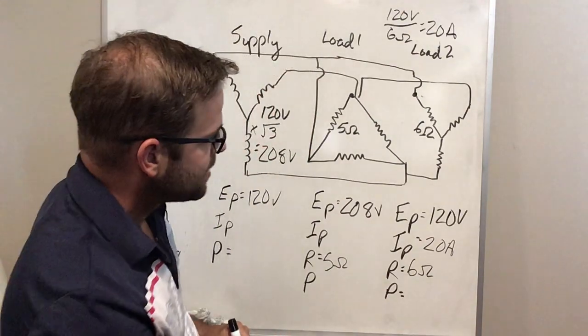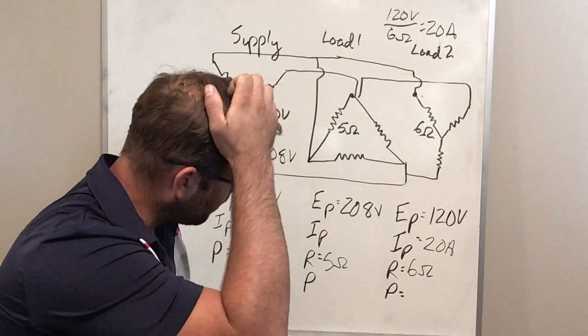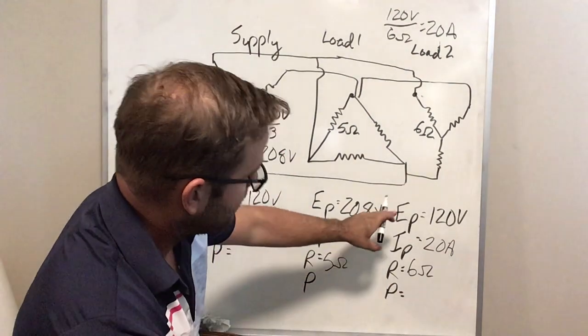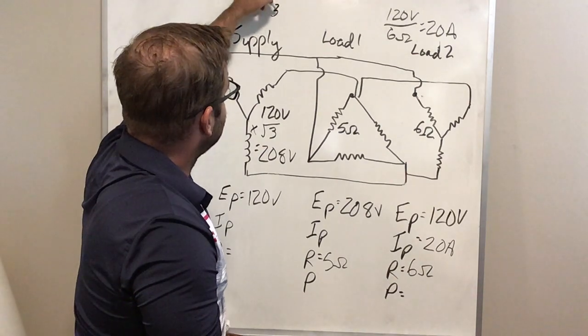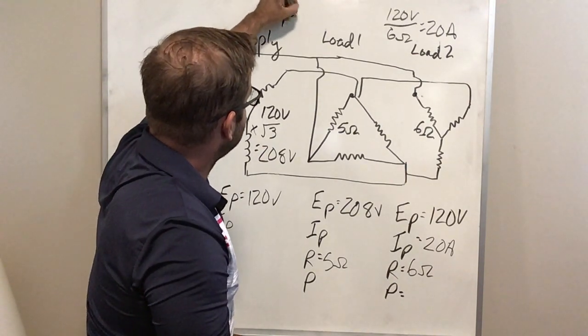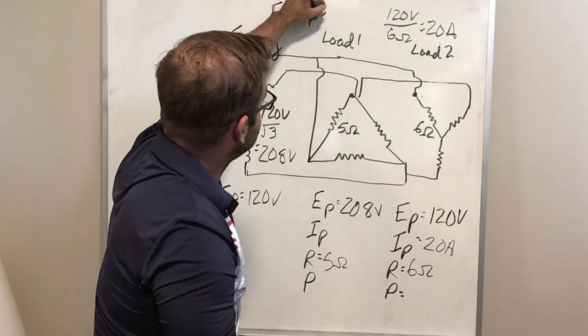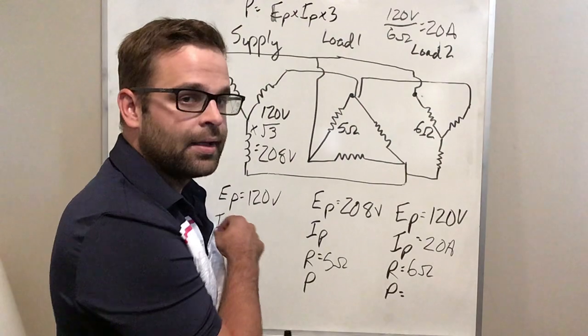All right? And if we continue on with that and we want to look at our three-phase power, we've got a formula for three-phase power as our E phase times I phase times 3 gives us our three-phase power.